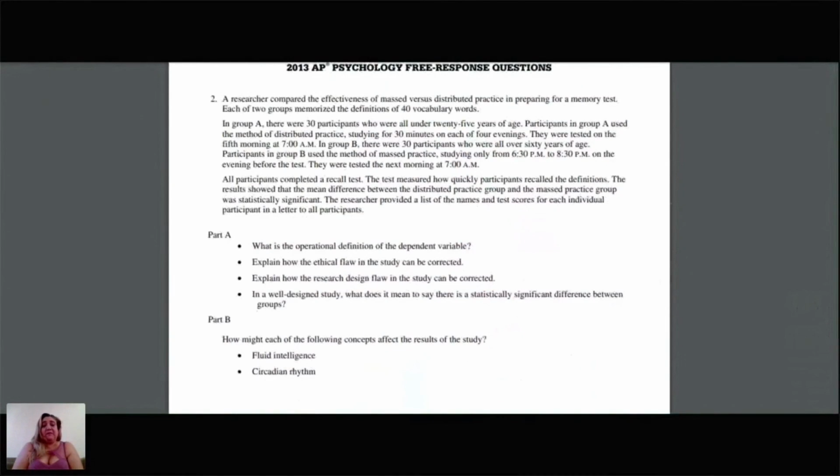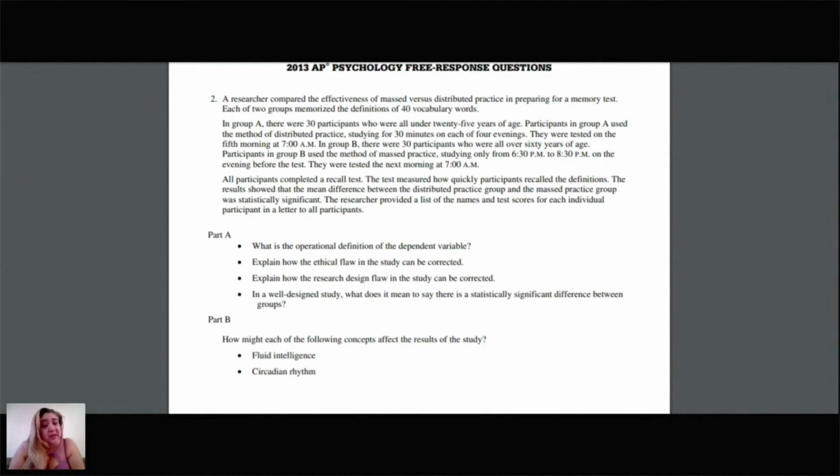So this is the actual question, that it was a science question. Okay. And if you look, it says a researcher compared the effectiveness of different distributed practice in preparing for a memory test. Each of two groups memorized the definitions of 40 vocab words. You have group A and you have group B. So automatically, you're going to have the groups. It's setting up an experiment.